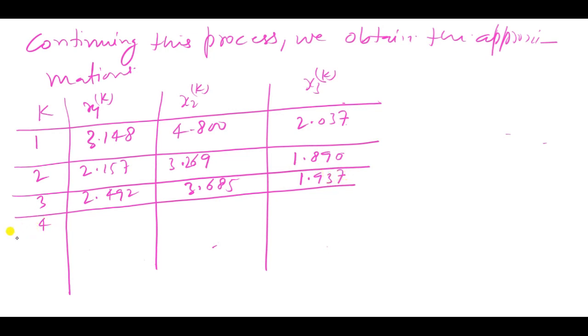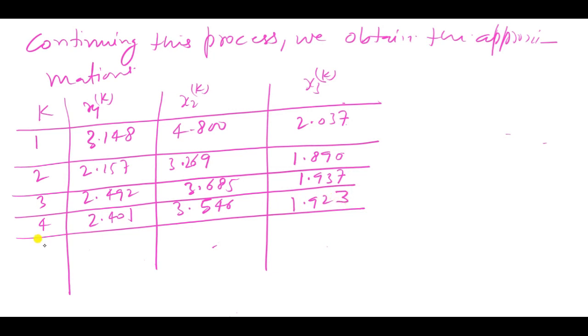Now for k is equal to 4, x14 is 2.401, x24 is 3.546, and x34 is 1.923.